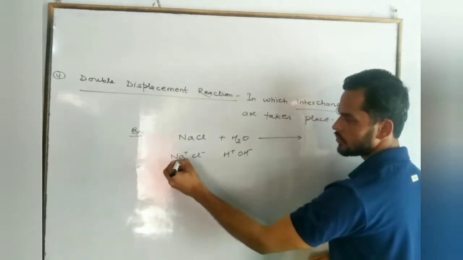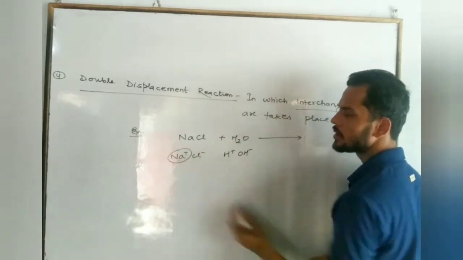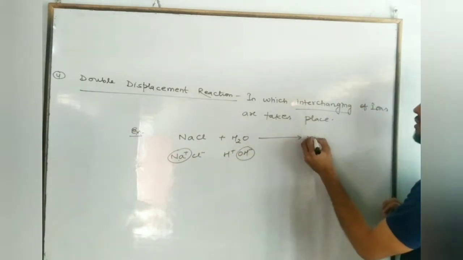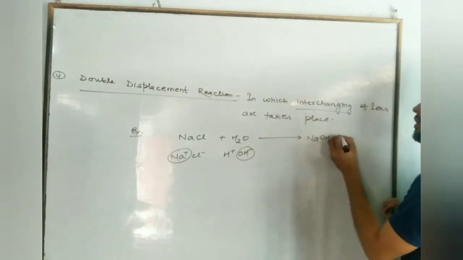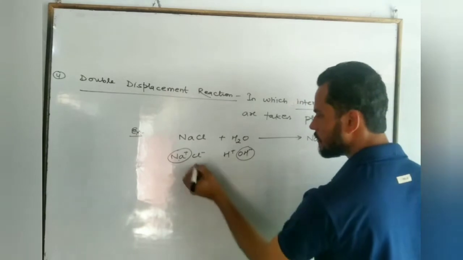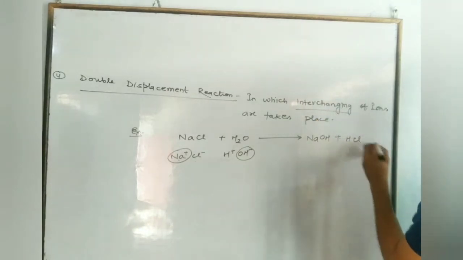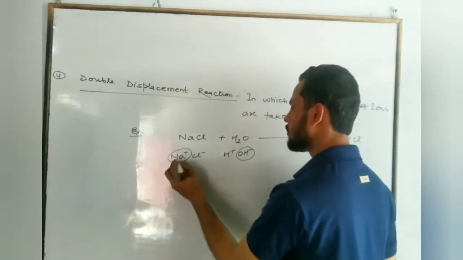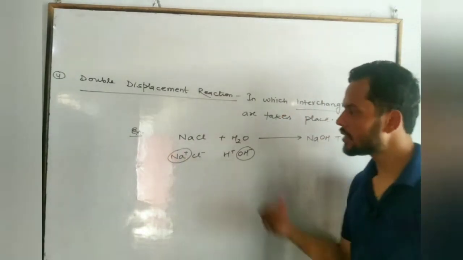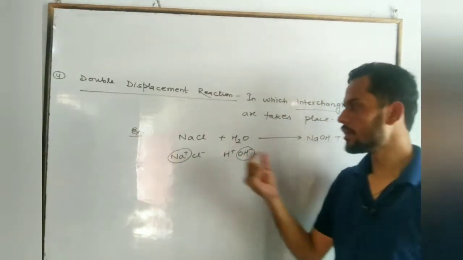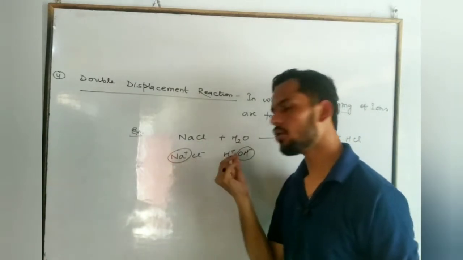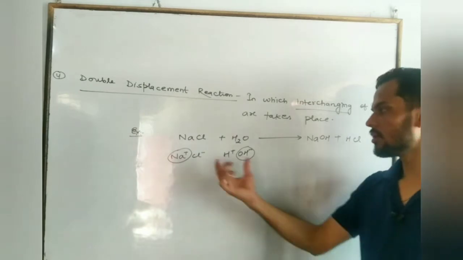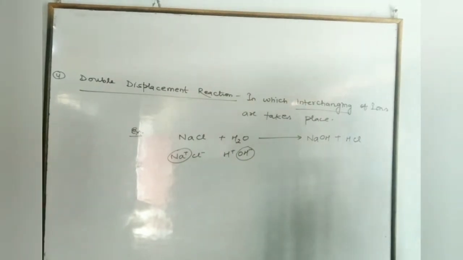So the positive ion of NaCl combined with the negative ion of H2O, means NaOH is obtained, and H combined with Cl, HCl is obtained. So in this reaction interchanging of ions takes place, na? The positive ion of the first compound combined with the negative ion of the second compound, and the negative ion of the first compound combined with the positive ion of the second compound. Okay, so this reaction is known as double displacement reaction.